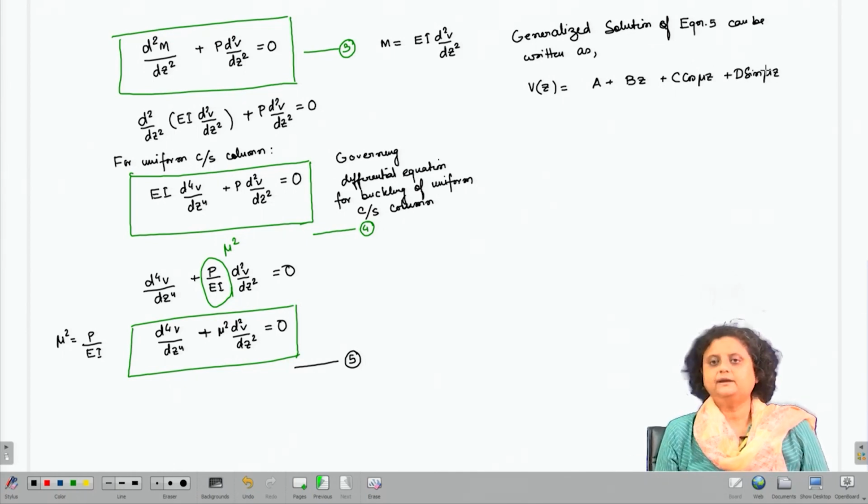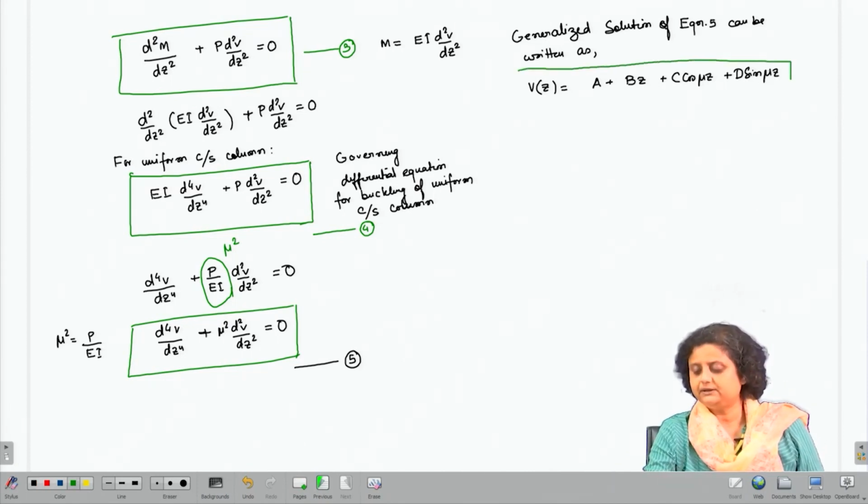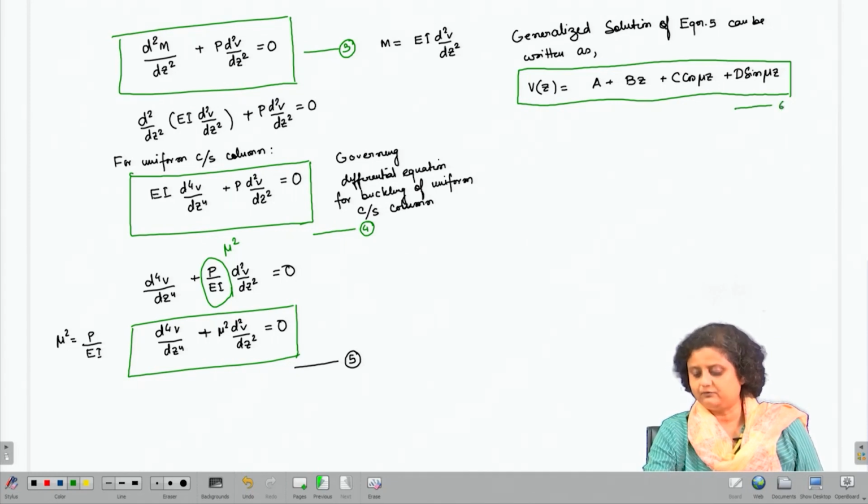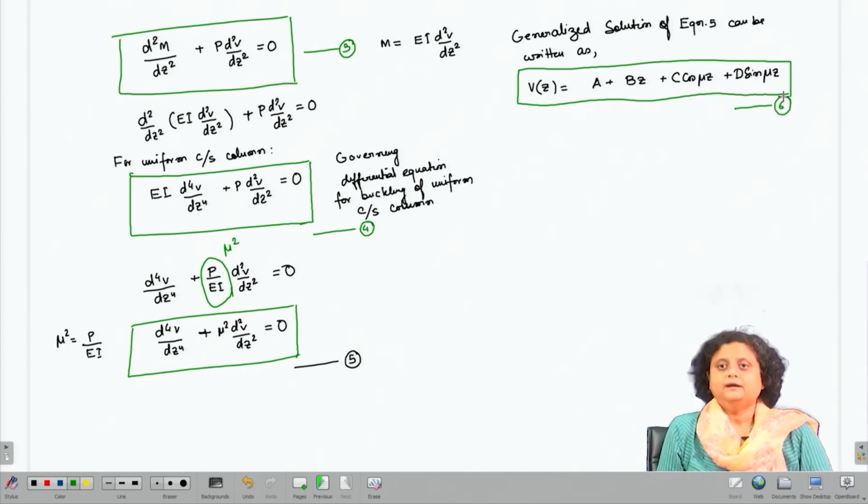I am not getting into the intermediate steps of how to derive the generalized solution, but this is very straightforward because we just have a fourth order ODE and solving that is pretty straightforward. Let me call this equation 6. Now, A, B, C, D are constants which can be found from the boundary conditions.